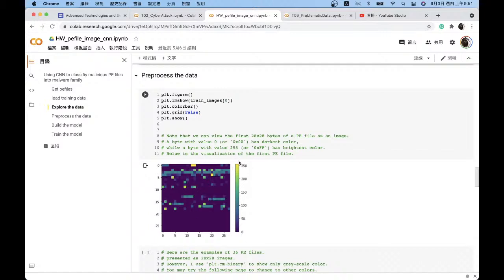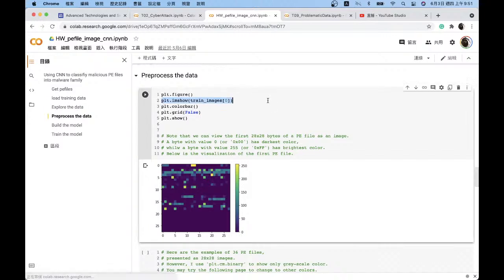I use a very simple function called imshow, image show, and its input parameter is our first malware sample. Basically it's a 28 by 28 array, so it will draw a figure like this.